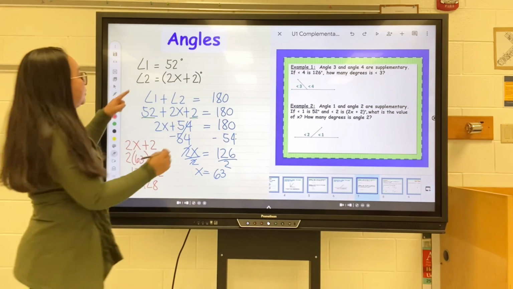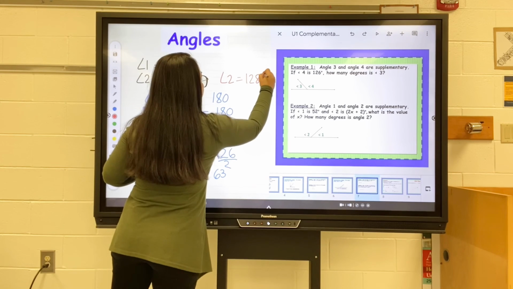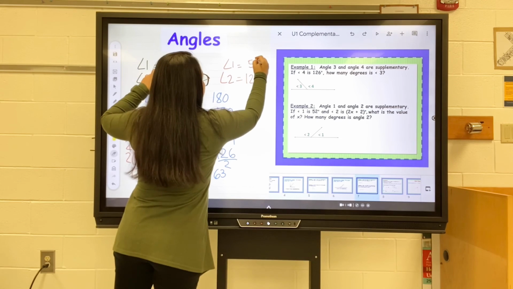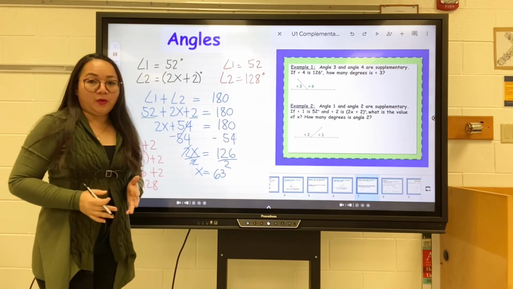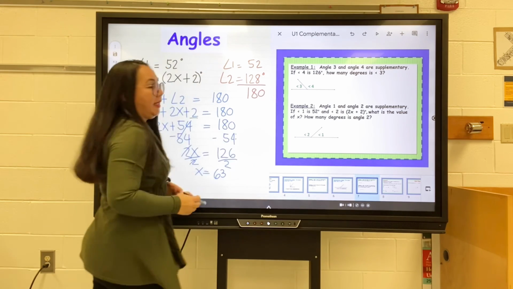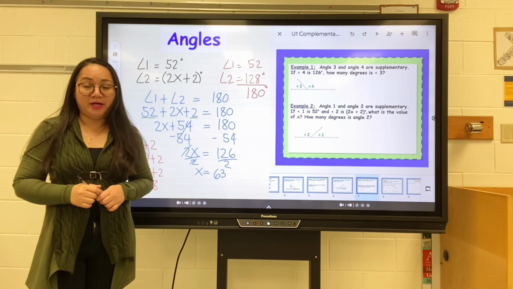Therefore, angle 2 is 128 degrees and angle 1 is 52 degrees. Now, if you add them together, that is 180 degrees, which is the sum of supplementary angles.